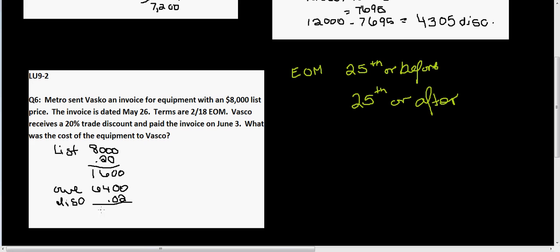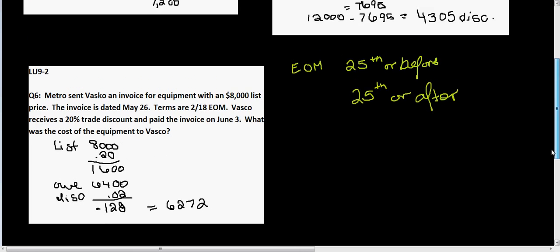So that means my discount is $128. Okay, so what am I actually paying? I'm going to pay $6,400 less $128, which is going to equal $6,272. That's what I've got to pay. So that is the true cost of the equipment to me, $6,272, my final payment price. And that is it for discounts.